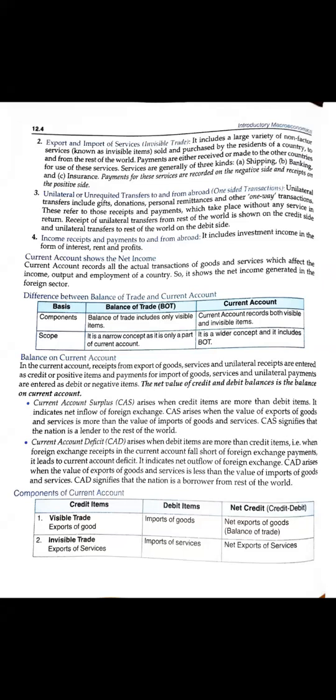Okay. So again, there is a current account surplus and a current account deficit. There are two categories. What is a surplus? An excess.